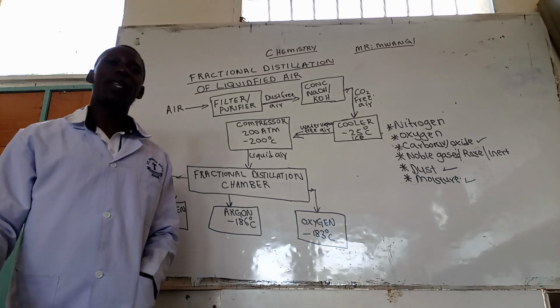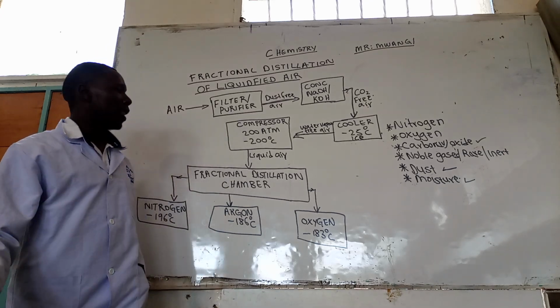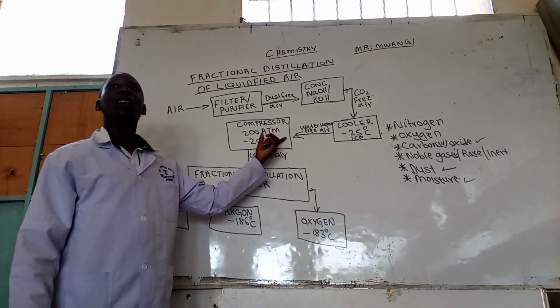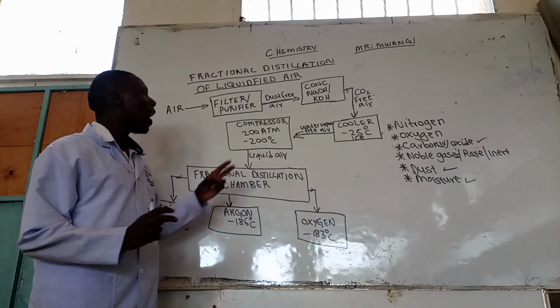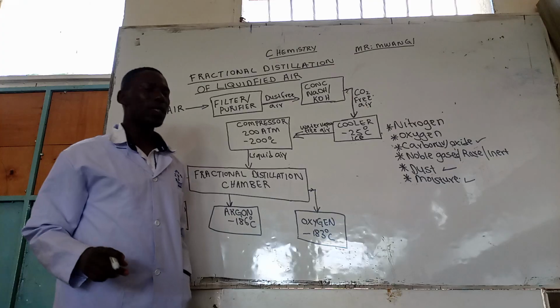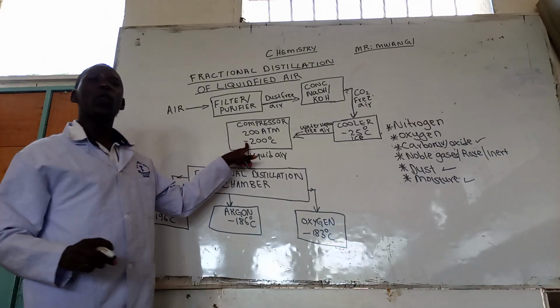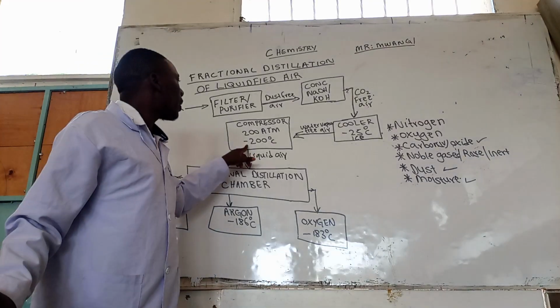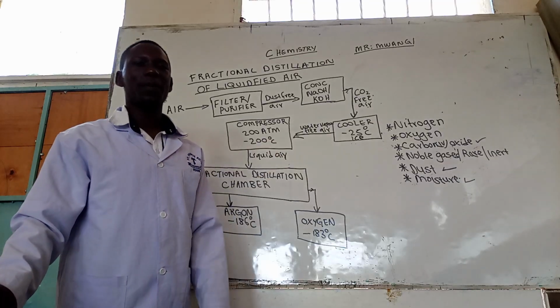Here at the compressor, the remaining components of air are compressed at a very high pressure, that is 200 atmospheres, and very low temperature again, that is negative 200 degrees.